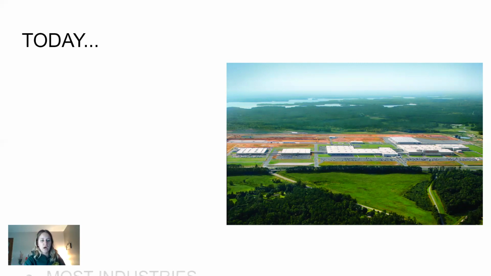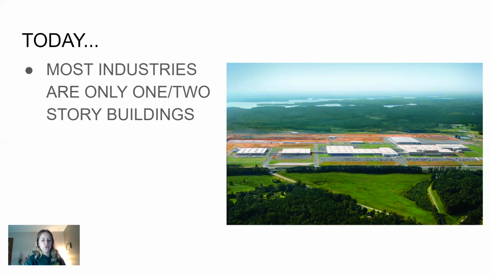This happens because, like I just said, they're only 1 or 2 story buildings. Usually manufacturing is happening on the bottom level, and then you might have offices or business stuff on the 2nd level, or you might use both levels for manufacturing.